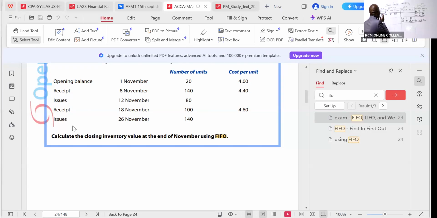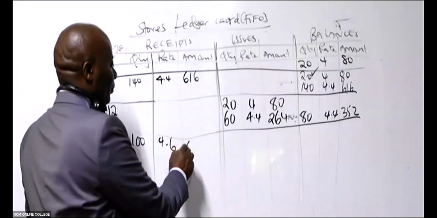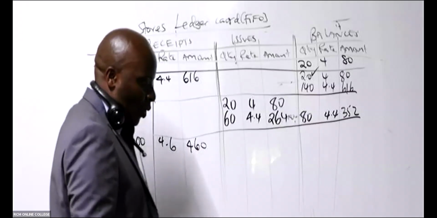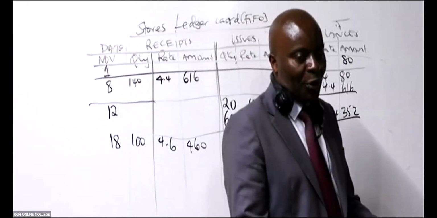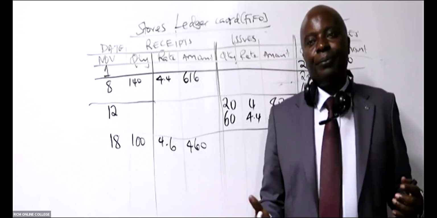We received how many? 100, at what rate? At 4.6. So this is really easy. 100 times 4.6 gives me how much here, somebody? 460, right? So once we receive, very easy, we book it on receipts and update the balance.